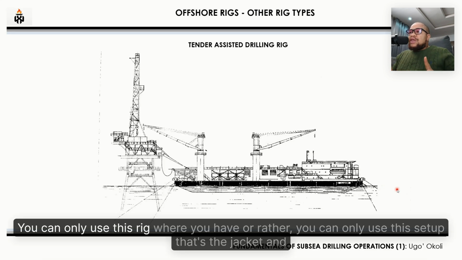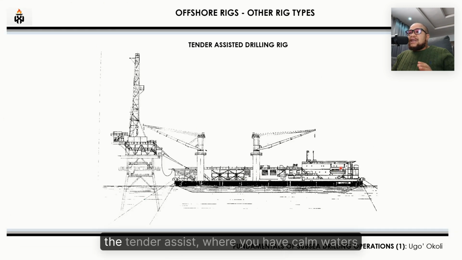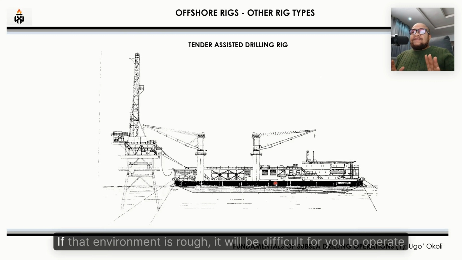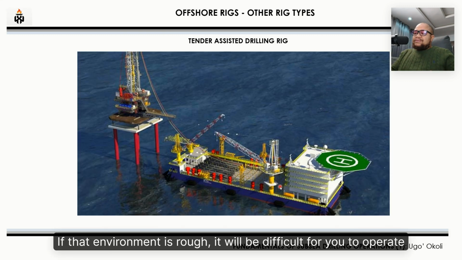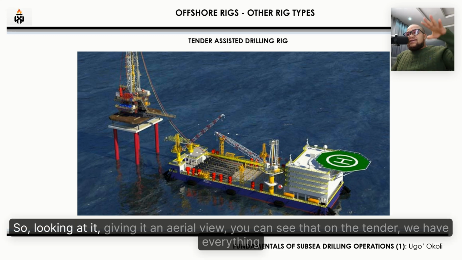You can only use this setup, that's the jacket and the tender assist, where you have calm waters. If that environment is rough, it will be difficult for you to operate. So looking at it, giving it an aerial view, you can see that on the tender we have everything.